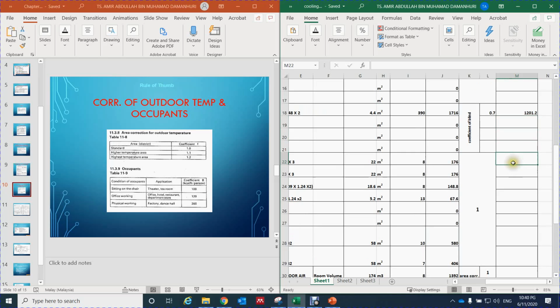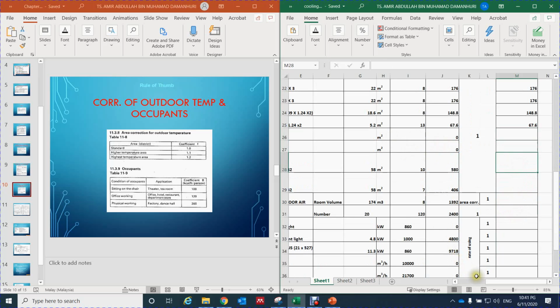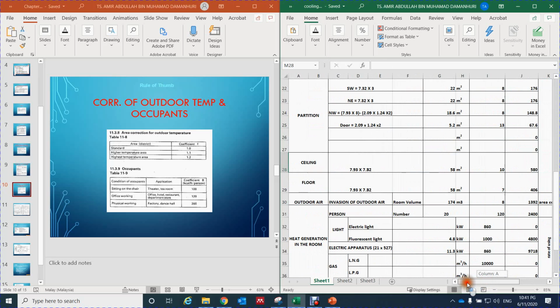So next one is equal to 1 multiplied with the C here, same 1 multiplied with C, then this one multiplied also with the C, then this one the same. Alright, it doesn't have any other partition.